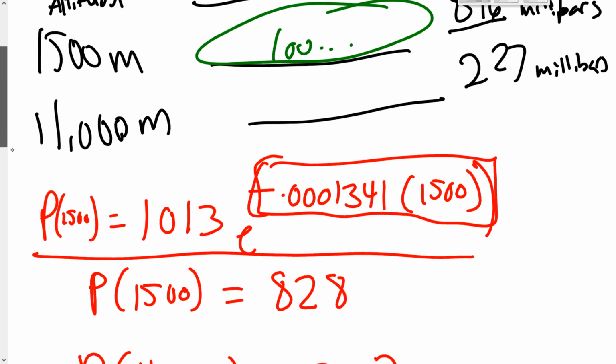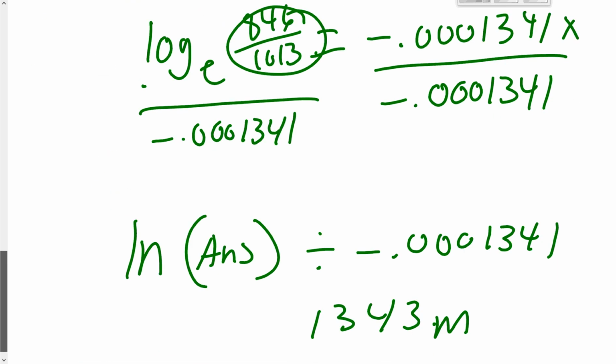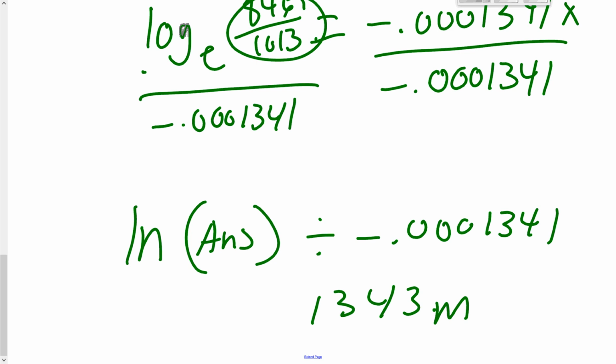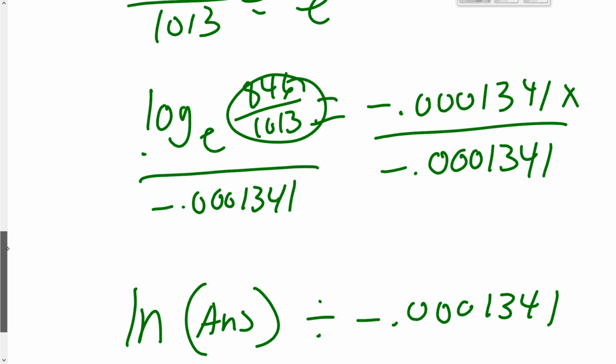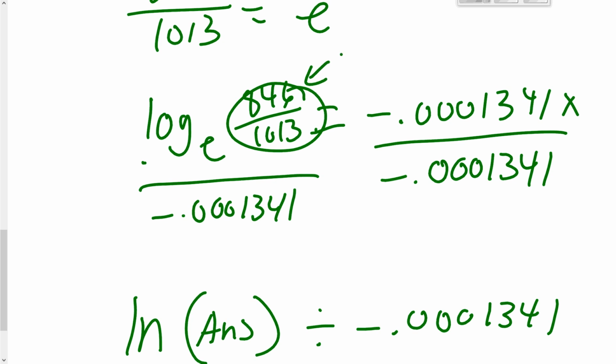So that's 227. We want to see how that compares to 227. Really, this is almost the same, except this number right here is going to be 227. I can pretty much do this the same. I can start with ln and do my 227 divided by 1013, close that parenthesis off.